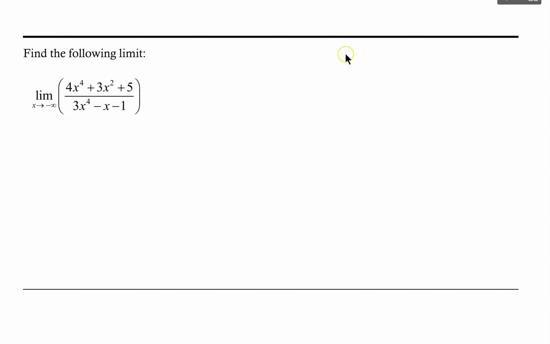And so what we want to do, in instances like this, is take advantage of the property that we know: the limit as x approaches negative infinity of c over x to the r power, where r is a rational number, is equal to 0.